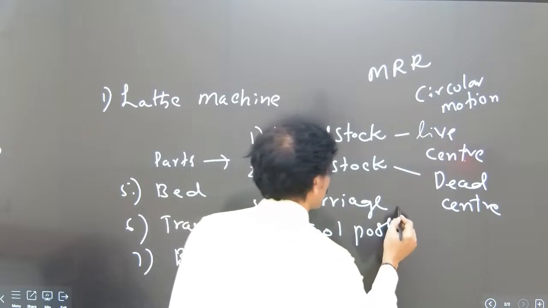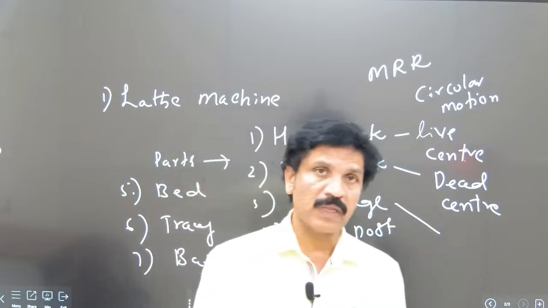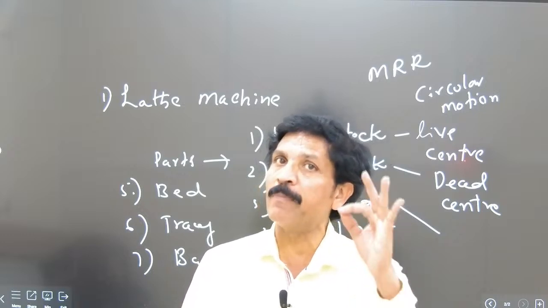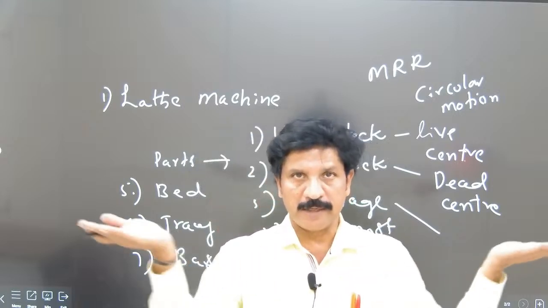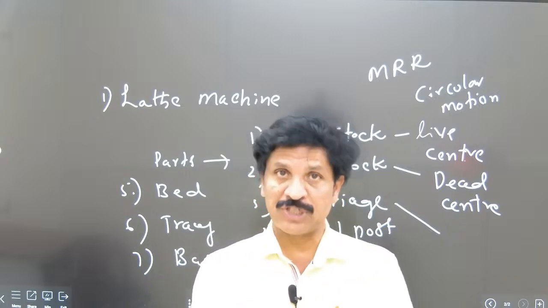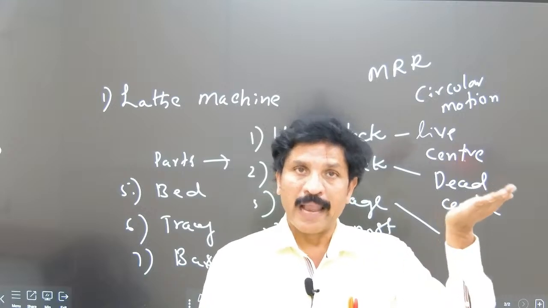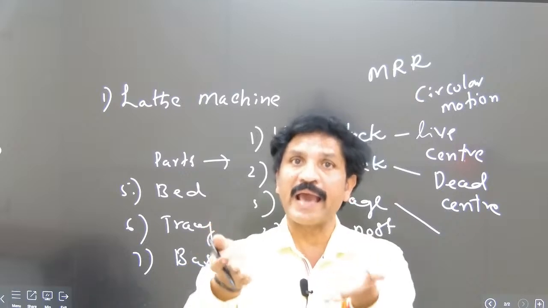Next one, carriage. The carriage slides over the guideways of the bed of a particular lathe machine. That means on the bed there are guideways. These guideways are of robust construction because they have to bear the live center, headstock, tailstock and carriage.